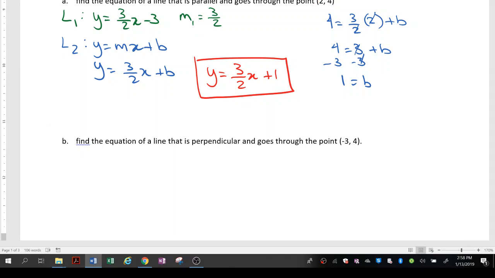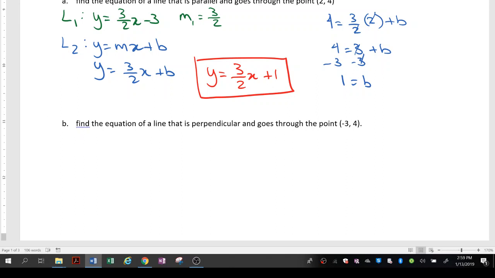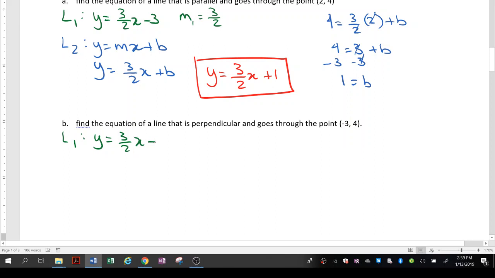Okay, let's do the same thing, but now we're going to look at a line that is perpendicular. So again, our first line here is y equal to 3 over 2x minus 3, and our slope is 3 over 2.